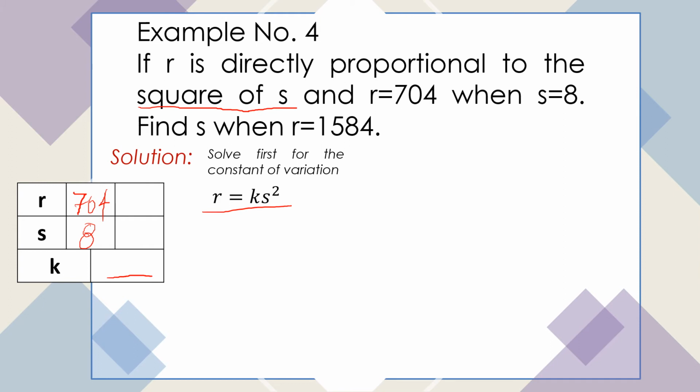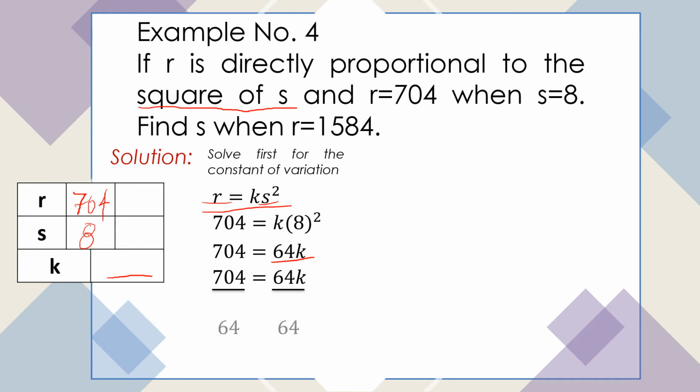Then 704 equals k times 8 squared. 8 times 8 is 64. Divide both sides by 64: 64 divided by 64 cancels. K equals 704 divided by 64, which is 11. That is our constant. Then the equation of variation is r equals 11s squared. We will use this to get the value of s when r is 1,584.